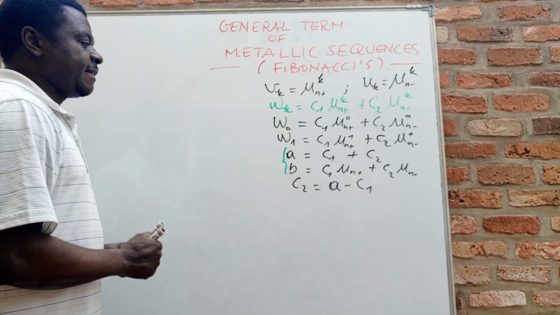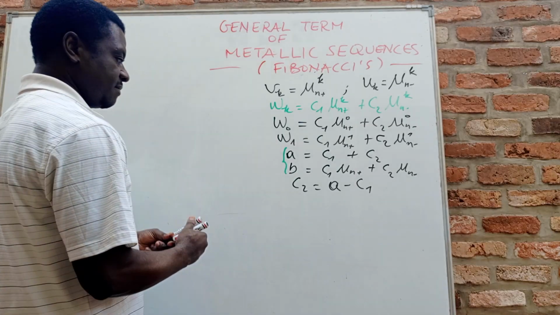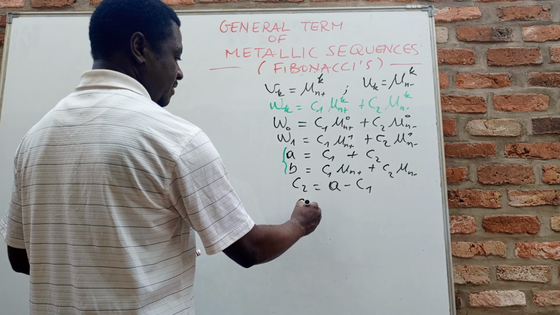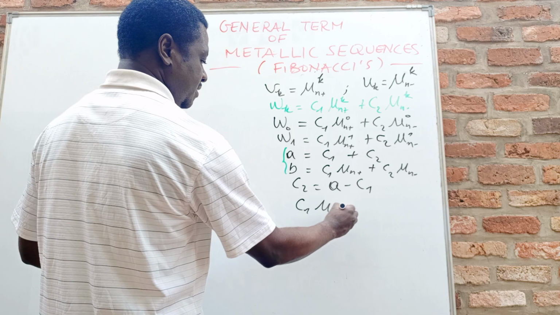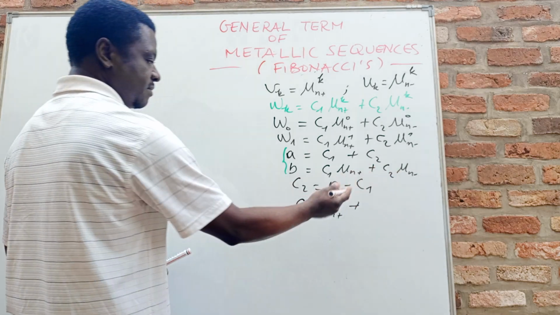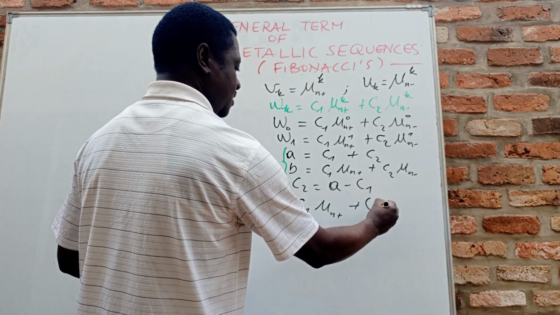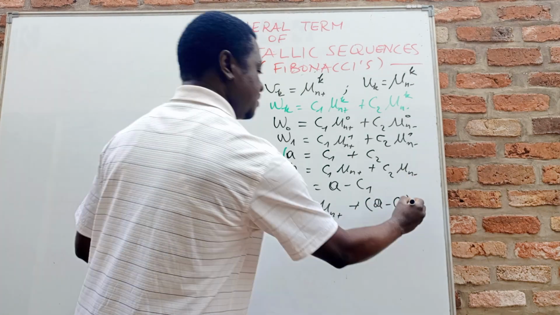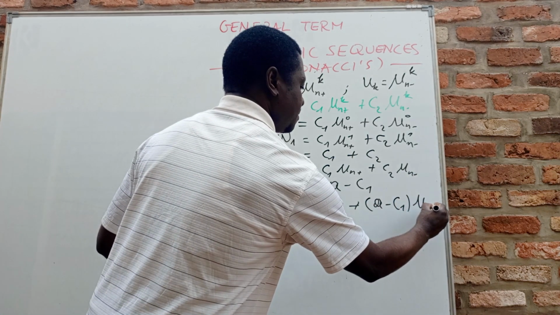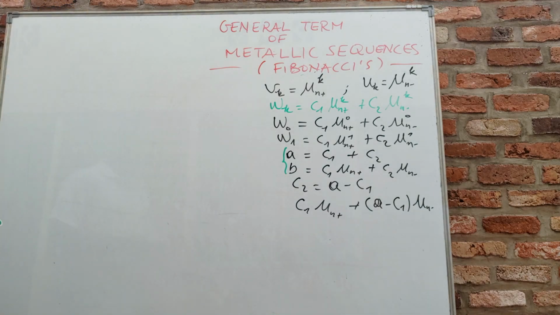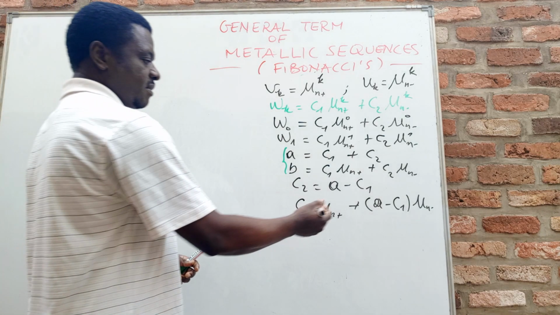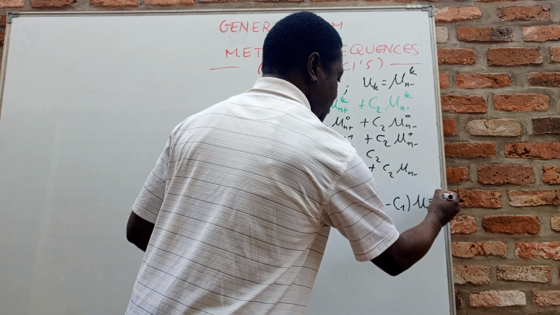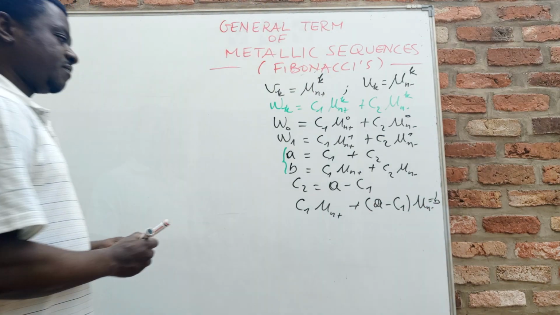Now in the second equation, we have C1 mu_n plus, and C2 we substitute by its value A minus C1 times mu_n minus. Now this must be equal to B, so let's put B on this side.